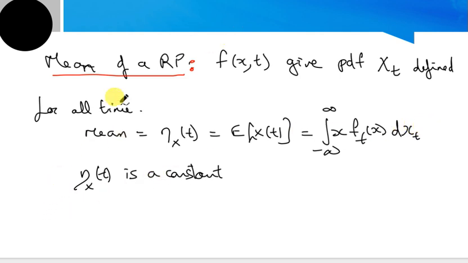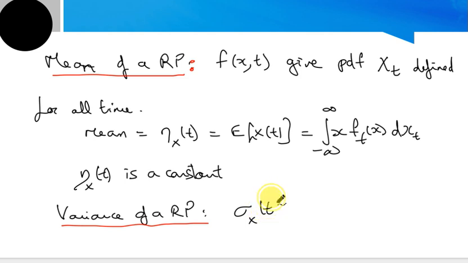Next, what is meant by variance of a random variable? Variance of a random variable is sigma x squared. Now we will look into variance of a random process. So how do I denote this? This is given by sigma x squared of t, the time parameter counts. This is nothing but E of x of t squared minus eta x squared of t.